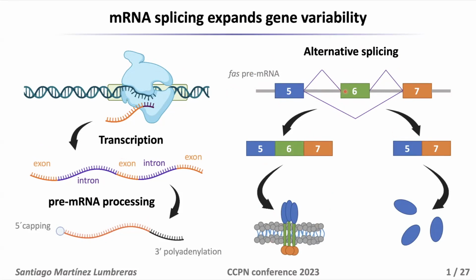If exon 6 is excluded, is skipped, then we have a soluble protein that remains in the cytoplasm, and it has the opposite function, it is anti-apoptotic. So alternative splicing can lead to very dramatic changes in the cells. Errors in the regulation, errors in splicing, can lead to different diseases, and have also been related with cancer progression and metastasis.